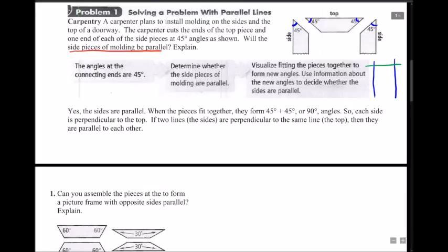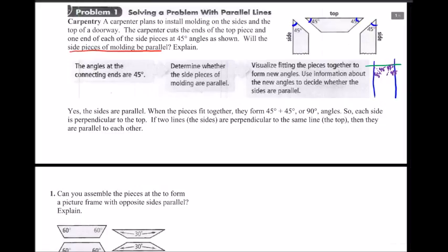Because I have two lines intersected by a transversal. And then what do we have? We know that these are going to come out. We're going to have 45 and 45, right? And they're going to come in here, 45 and 45, like that.